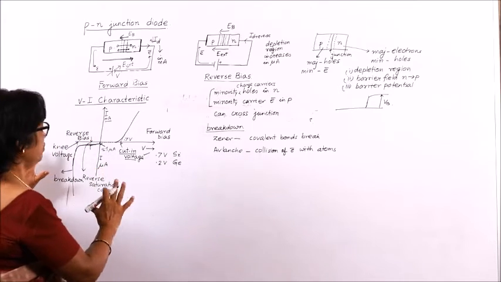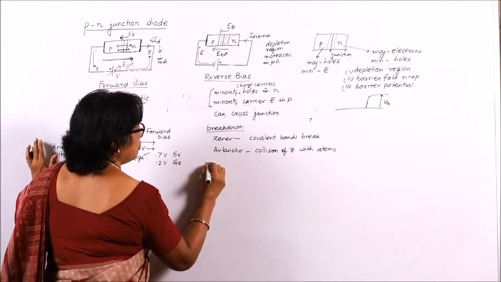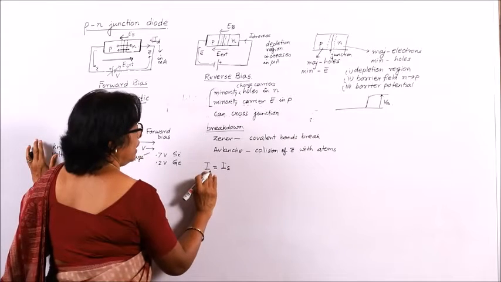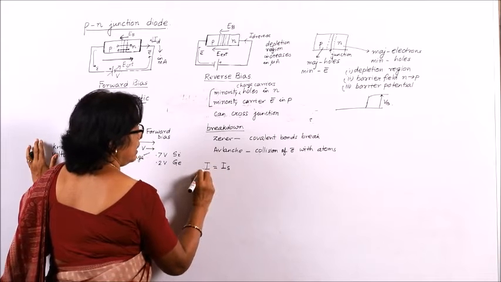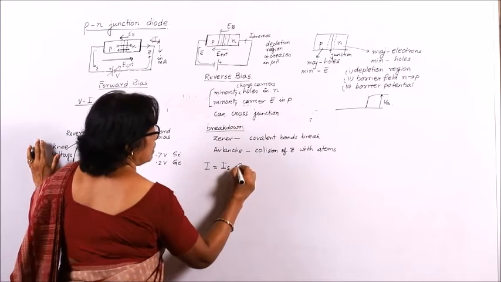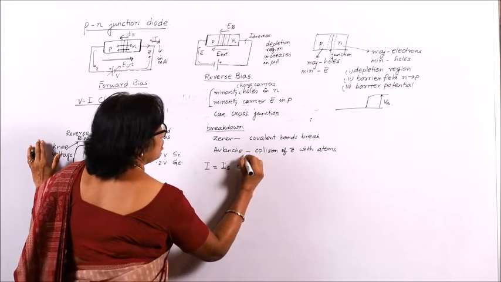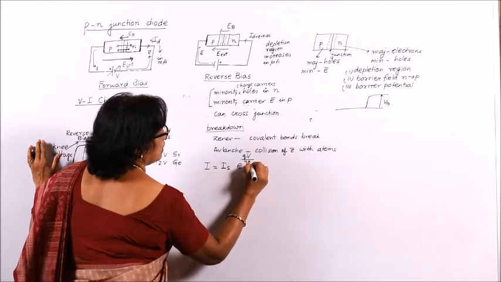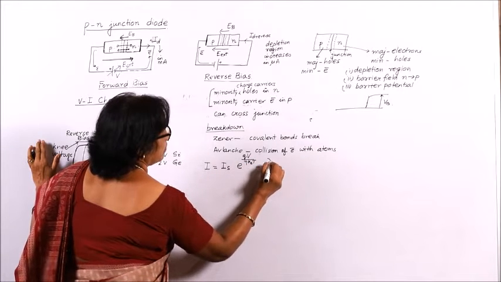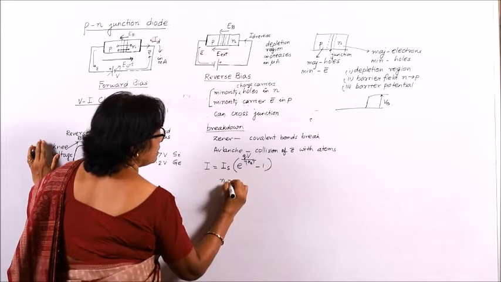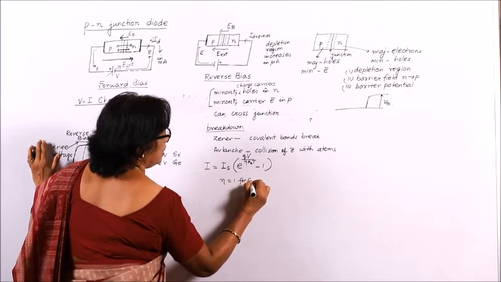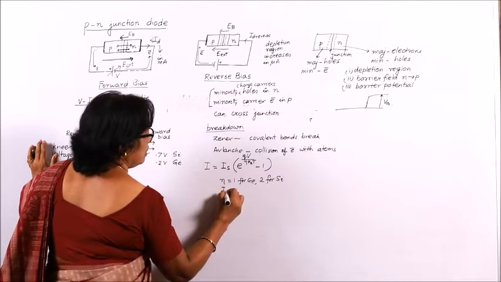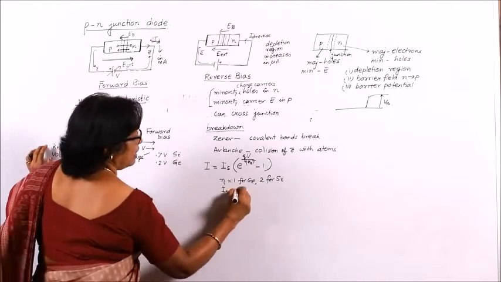So, this is the VI characteristic, and if we write down how the current is connected with the reverse saturation current, the instantaneous current in the diode is I equals Is e to the power QV by eta kBT minus 1, where eta is a constant, 1 for germanium and 2 for silicon, and Is is the reverse saturation current.